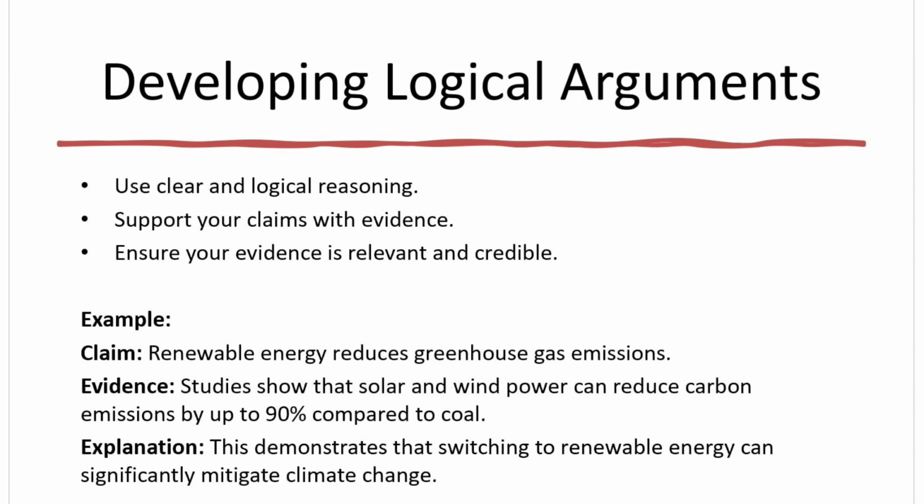For instance, if you are arguing that renewable energy reduces greenhouse gas emissions, you might include studies showing that solar and wind power can reduce carbon emissions by up to 90% compared to coal. This demonstrates that switching to renewable energy can significantly mitigate climate change.